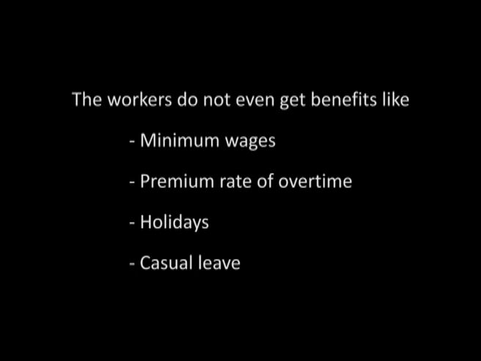In many cases, the workers do not get even the legal benefits like minimum wages, premium rate of overtime, and holidays and casual leaves, etc. Once the union is formed, at least the minimum benefits guaranteed by law are easily available to all the workers.